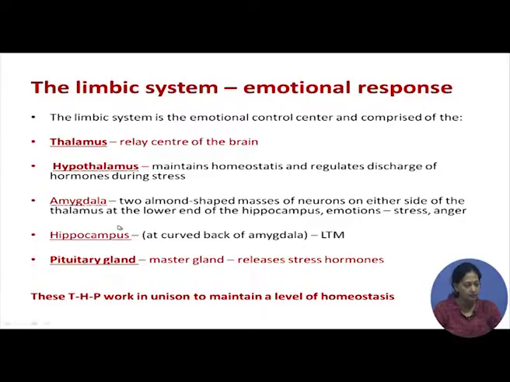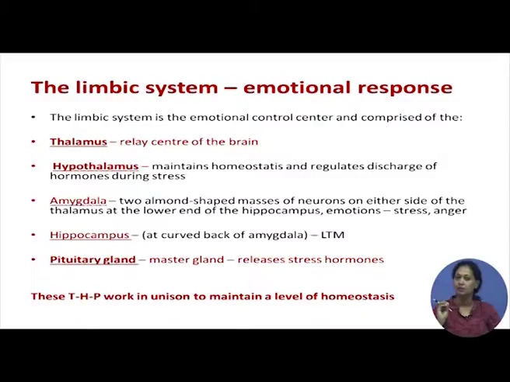So, basically the major areas. The thalamus is actually not a structure of the limbic system, but it is related to relaying the responses of the limbic system to other areas of the brain. The hypothalamus is a very small structure that is just below the thalamus.